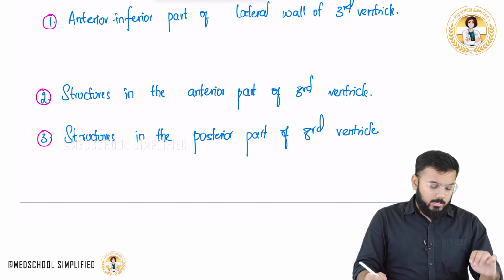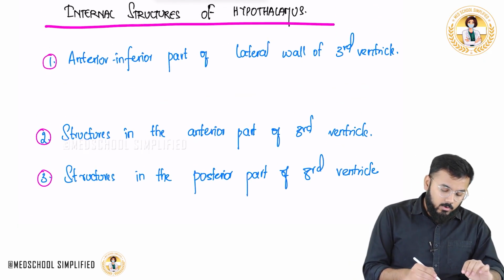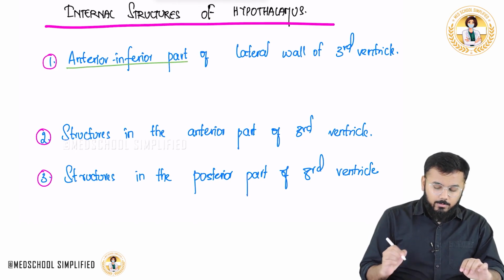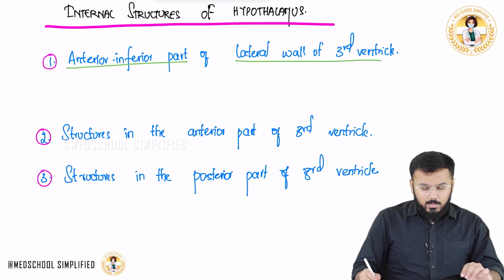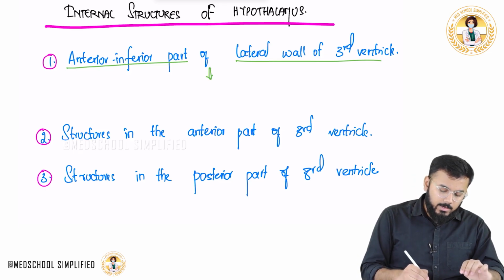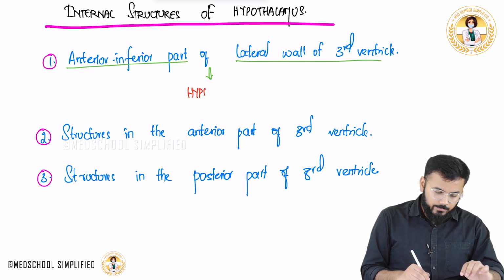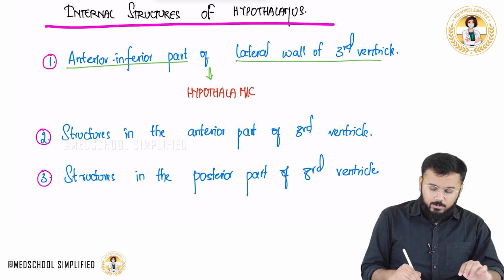The first important thing is the structures located in the anterior inferior part of the lateral wall of the third ventricle. Basically there you have got the hypothalamic nuclei.